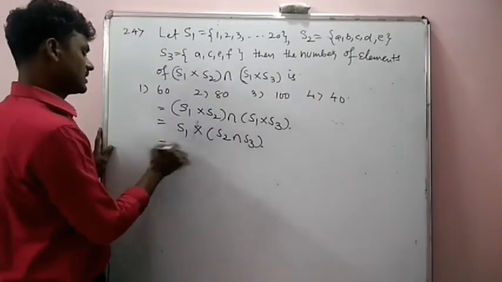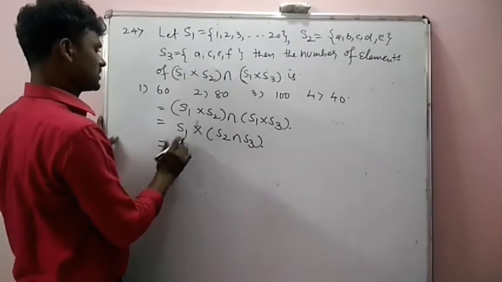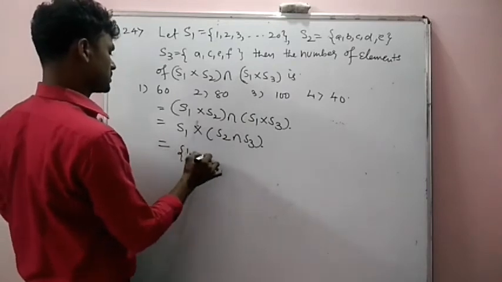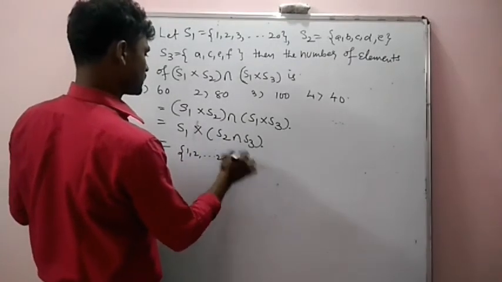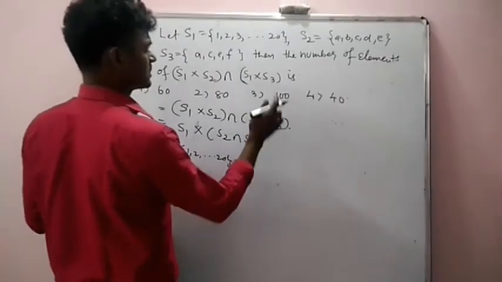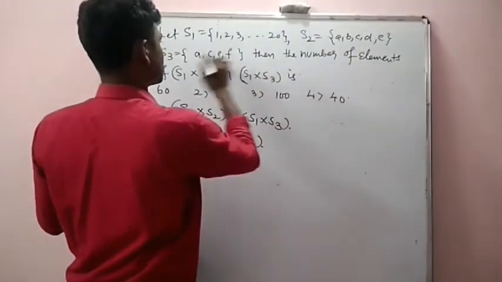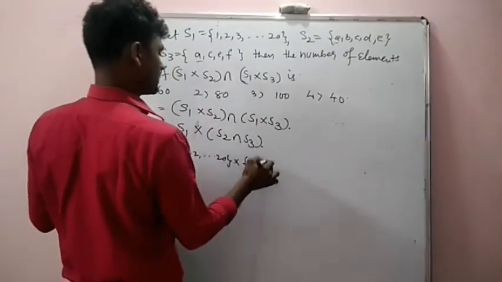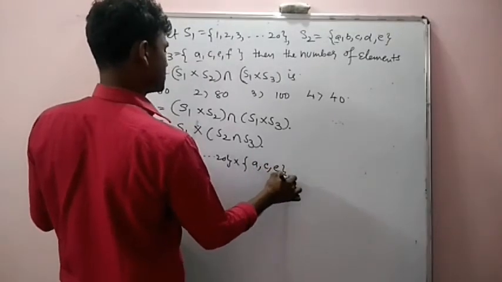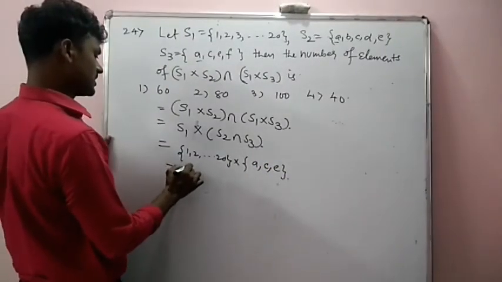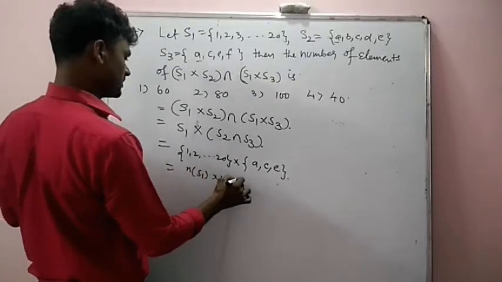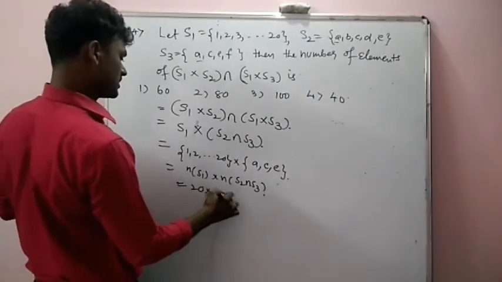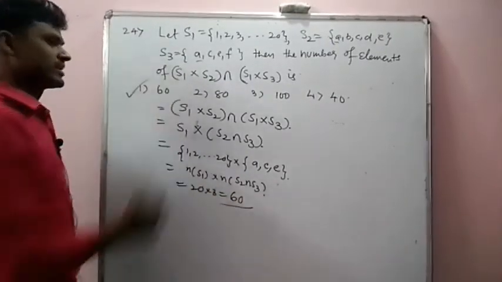S1 has 20 elements. The intersection of S2 and S3 has A, C and E; B is not there. So the number of elements is the number of S1 into the number of S2 intersection S3, which is 20 times 3, total 60 elements. Option 1.